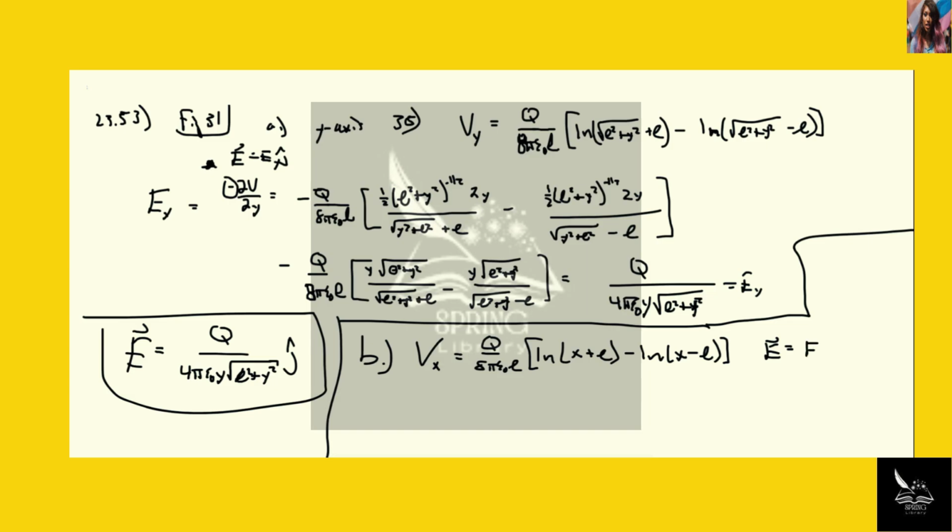So that means this is just Ex times i hat, and Ex is given as the negative partial V partial x.